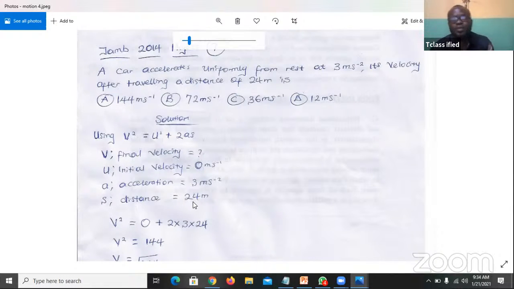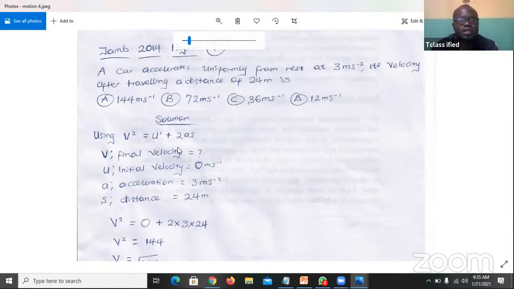So distance is what we have. We are not actually making s the subject; v should be the subject. So if we insert what we have into this equation, v squared, which we are looking for, equals zero squared, which is the initial velocity, and zero squared is zero.